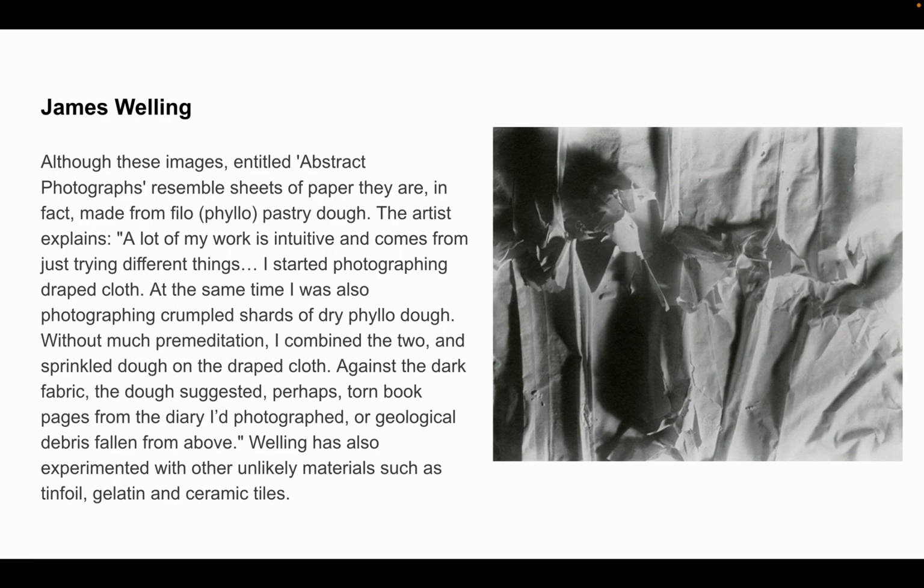And he would drape it, he would rip it, he would do all sorts of things to it. And when he was using it, he kind of had reminiscence of it looking like fabric as well. So he photographed all of this, but kind of that same idea with the paper, just using a slightly different material.